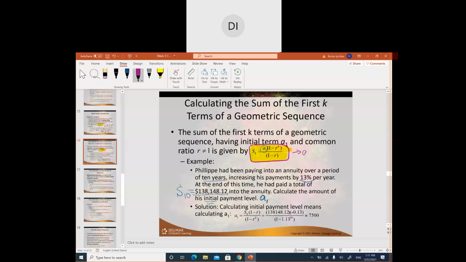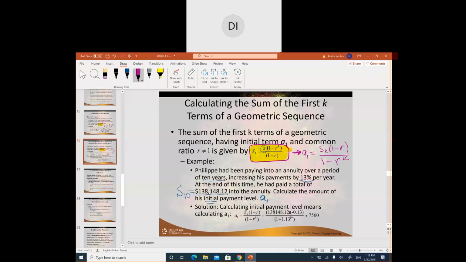So we have A1 equals Sk times 1 minus r, over 1 minus r with exponent k. When you solve it, this is what you're going to get. How do you do that? You multiply both sides by 1 minus r, and then divide by 1 minus r to the k. And that's what you're going to get.